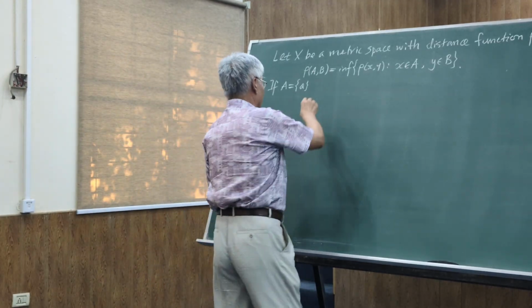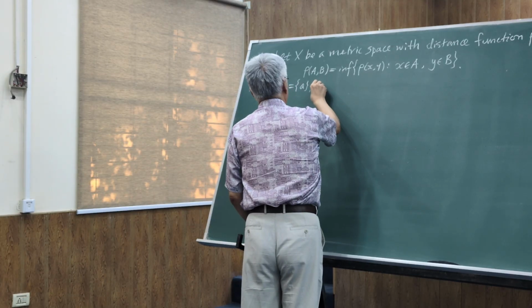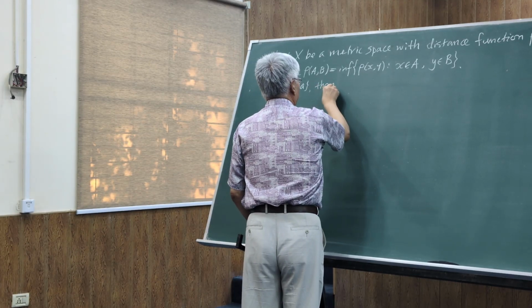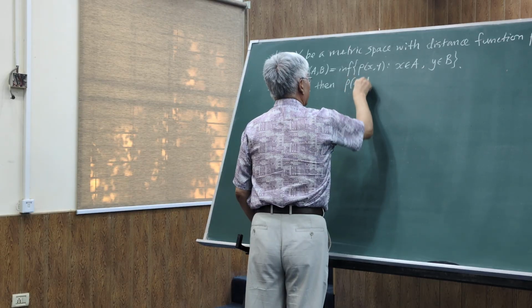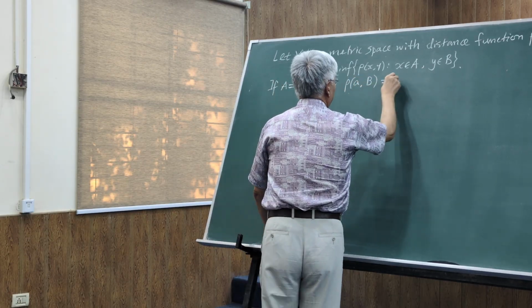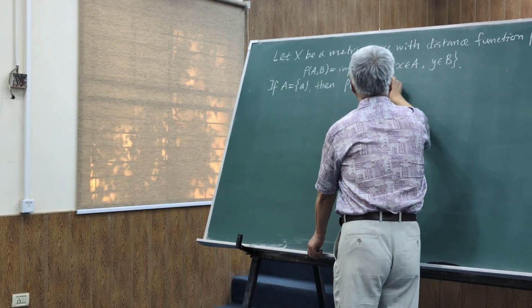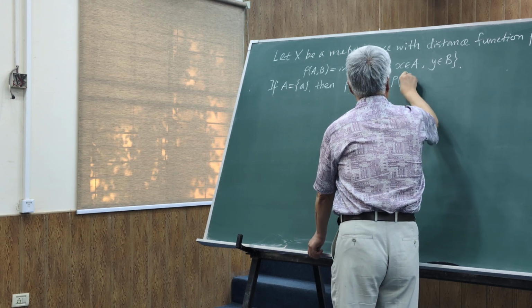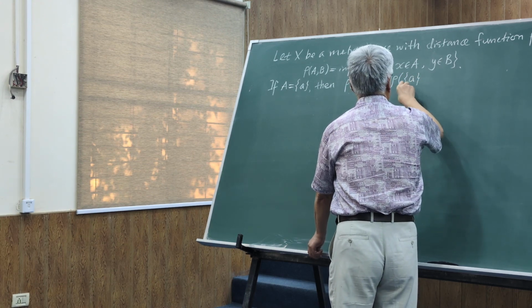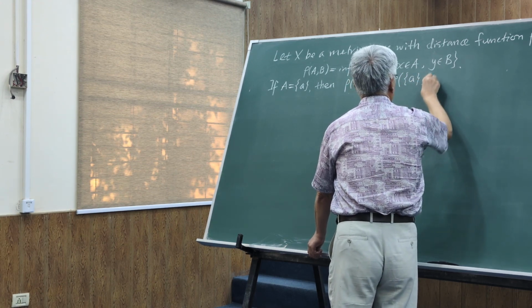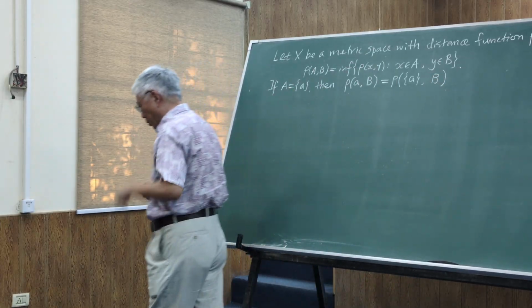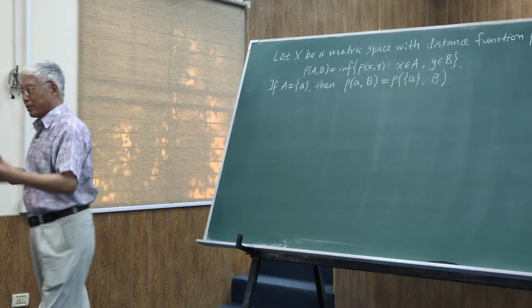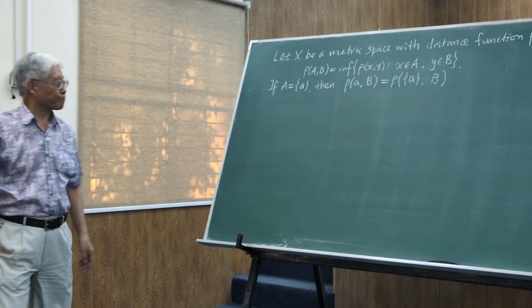That's why we are doing it. This is notation, we are abbreviating, and we're just dropping these two types. So if one of them is a single point, then we just use the set notation.